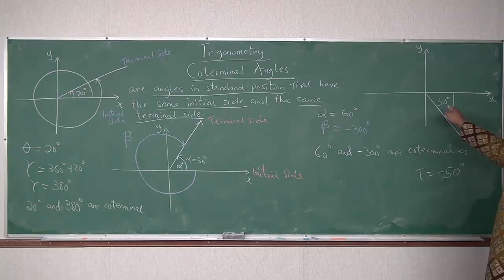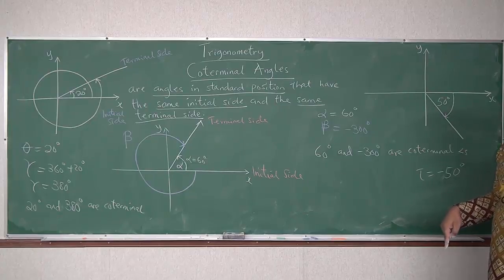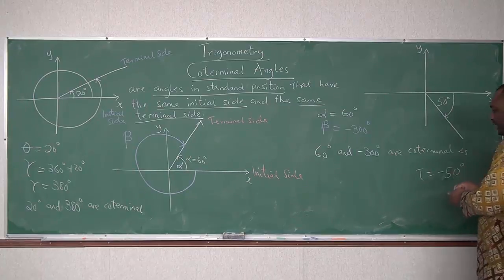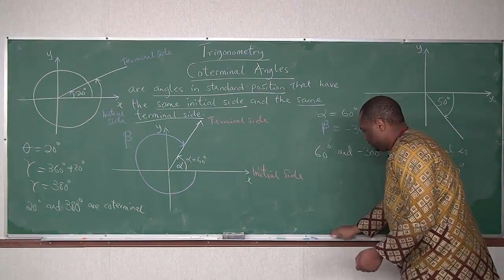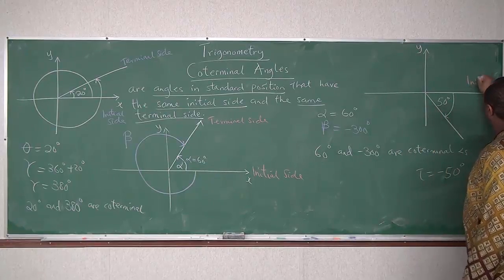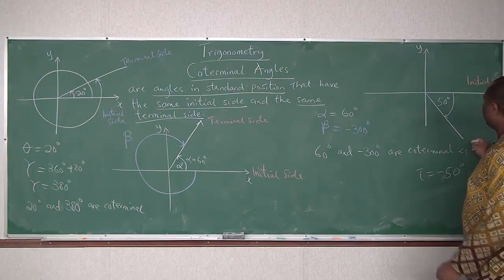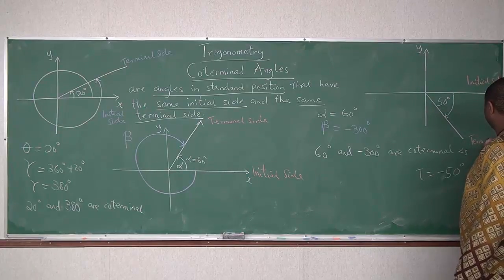Then, if I want to find a second negative coterminal angle, now here is the initial side. Let me write it with this color because it's sharper. Initial side, and this is the terminal side.